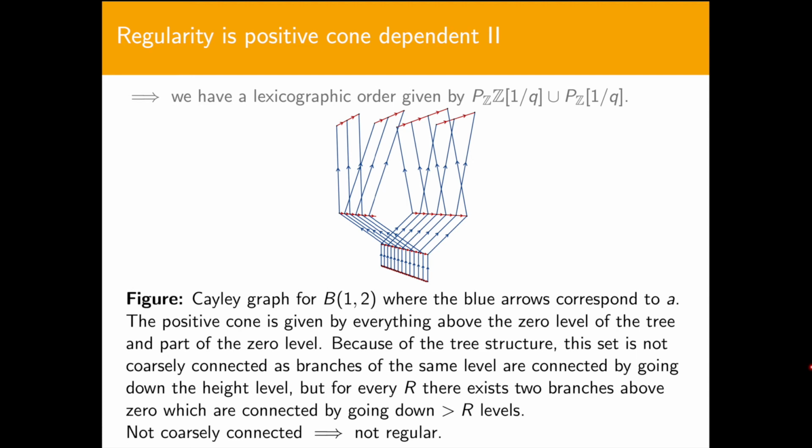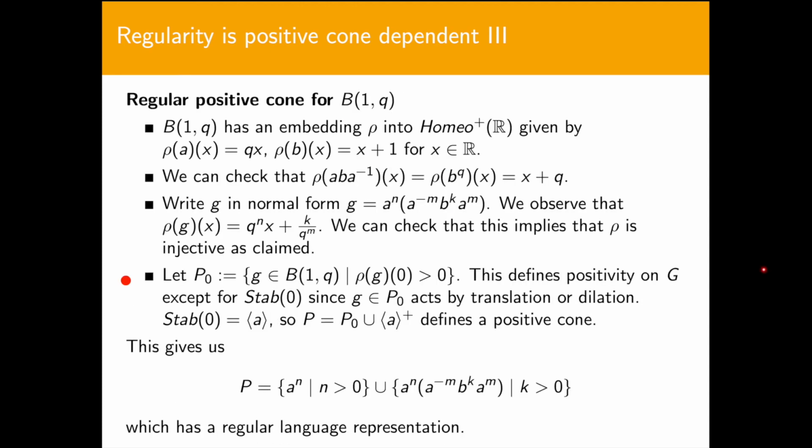But for every R, there exist two branches above zero which are connected by going way down, more than R levels. And remember that not being coarsely connected implies not regular, so this positive cone is not regular.